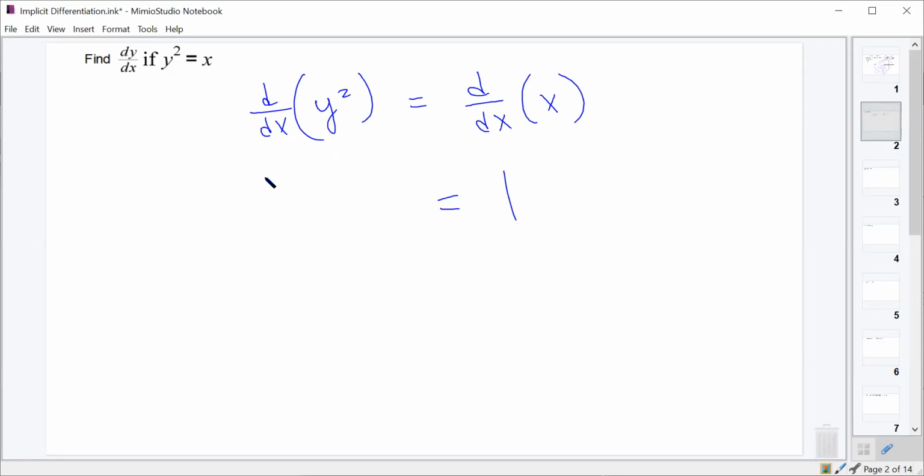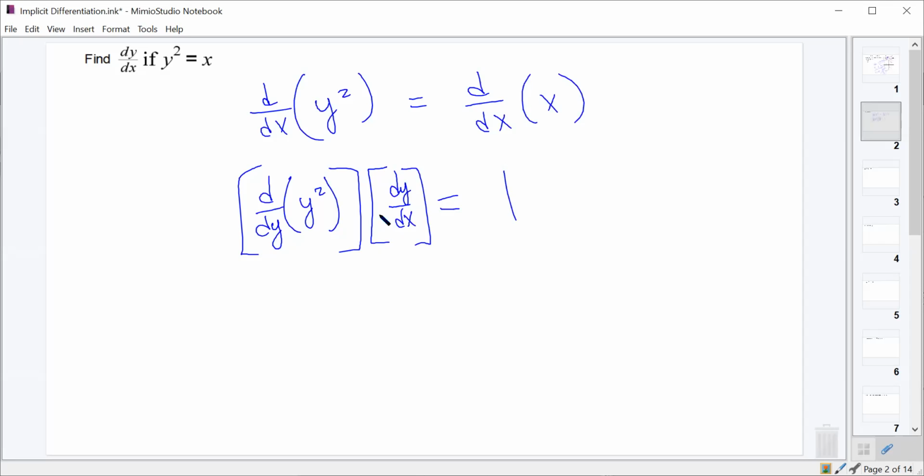So we'll take the derivative with respect to y of y squared, and then we will multiply that by dy/dx. And from now on, I'm not going to write all of this out each time. We're just going to do it. So what's the derivative with respect to y of y squared? 2y, and then we just attach this dy/dx to the end of it.